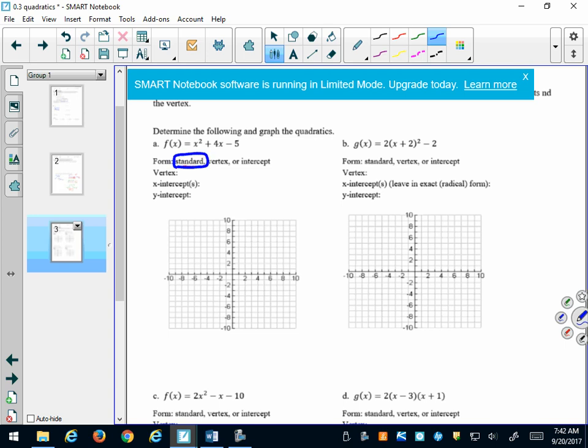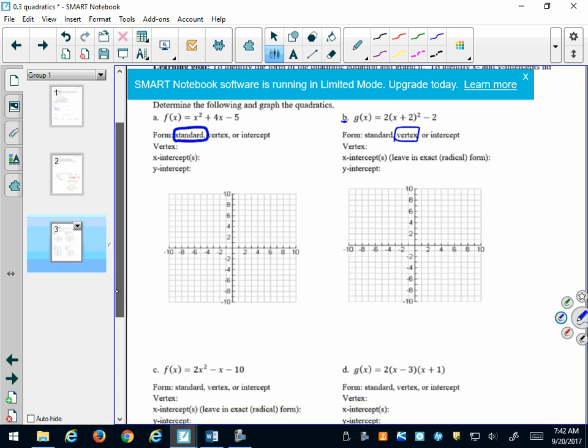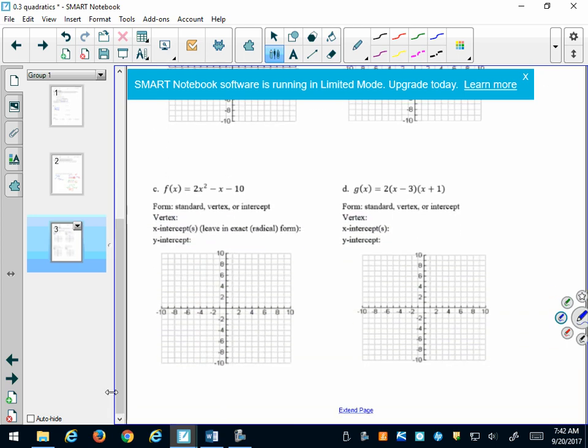Ax squared plus bx plus c. Which form is this, part B? Vertex form, right? And which one of these is intercept form? D. Right? So in other words, intercept form is the same thing as factored form.